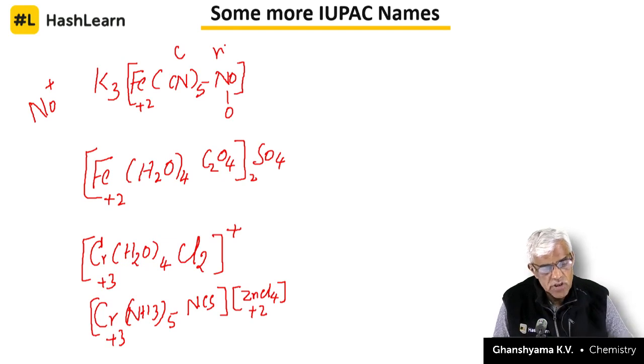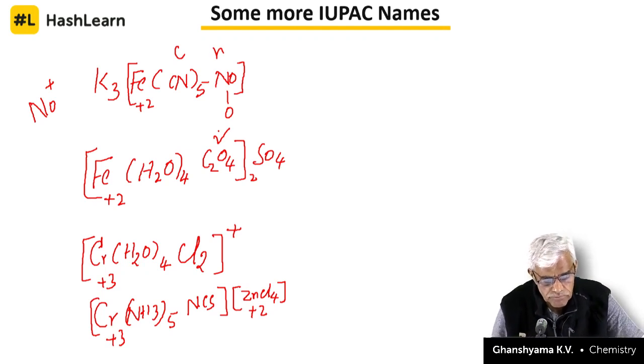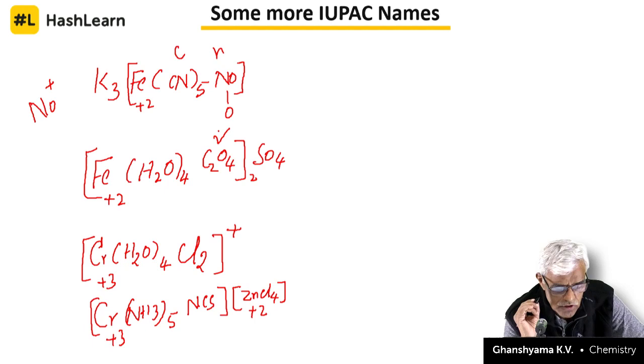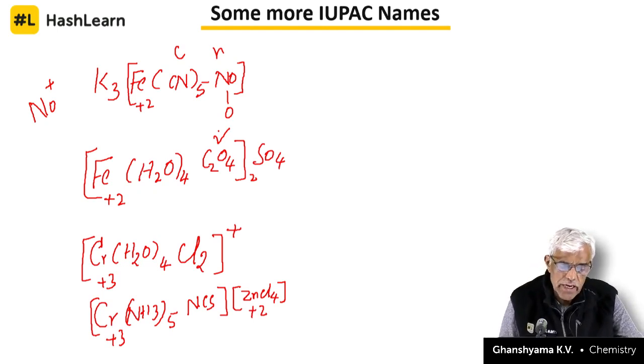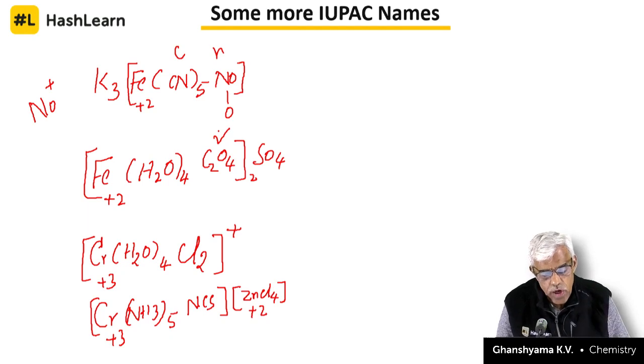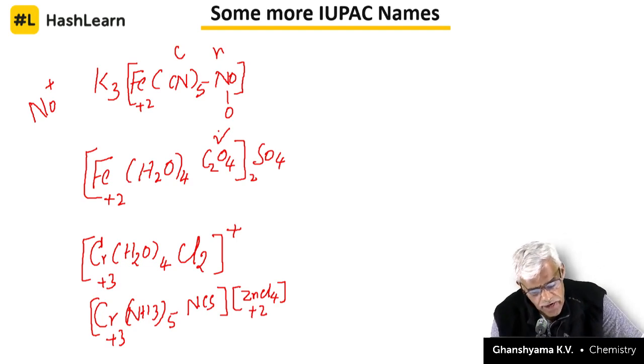The next one, this is cationic complex. First find the oxidation state of iron. It is +2. This is oxalato ion or ligand. Therefore, the name of this compound is tetra aqua oxalato iron 2 sulfate.